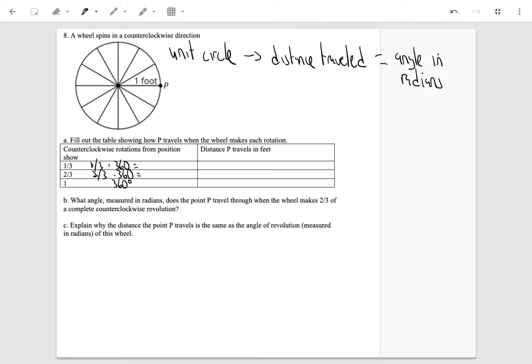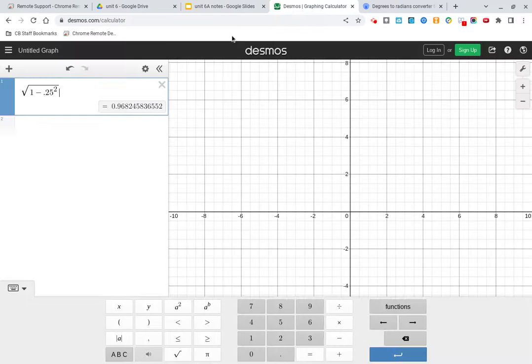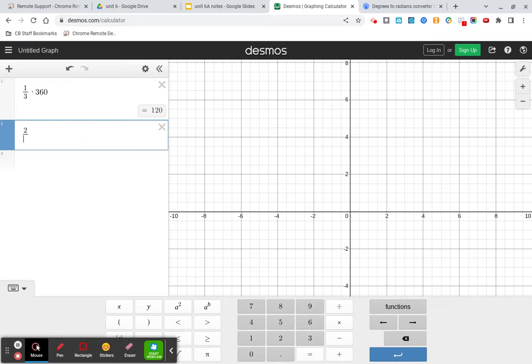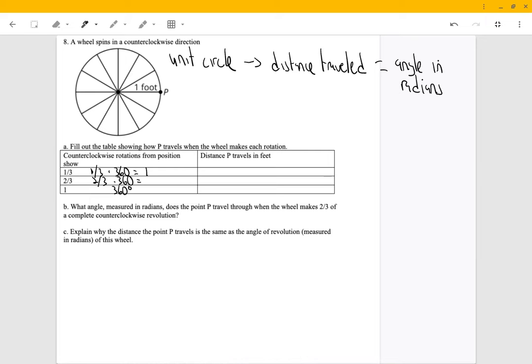So if I go to my calculator and do 1/3 times 360 and 2/3 times 360, the angles are 120 and 240 degrees.